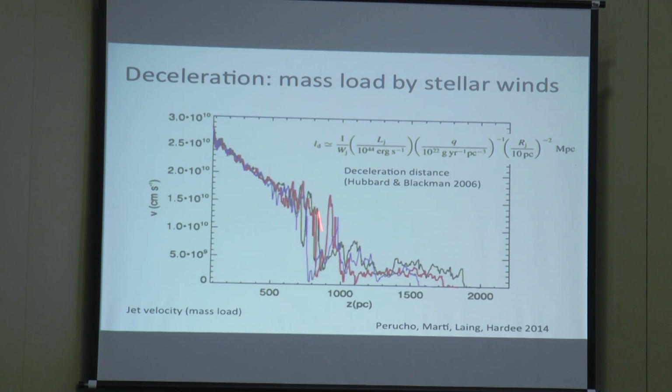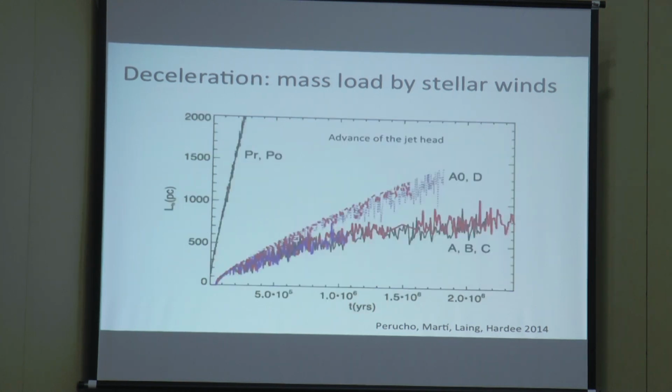Here, the scales at which this deceleration takes place are well recovered by the relation derived by Hubbard and Blackman, in which they account for the distance at which the jet cannot drag all these particles anymore, using the momentum conservation equation.